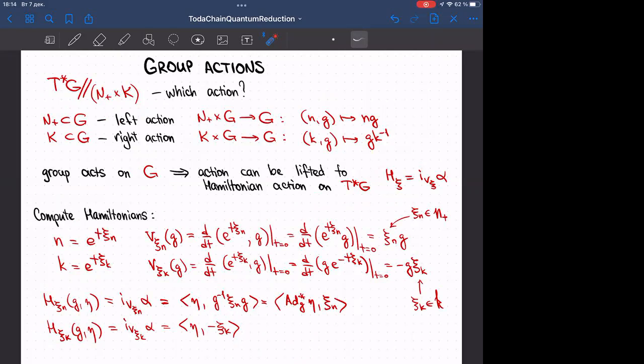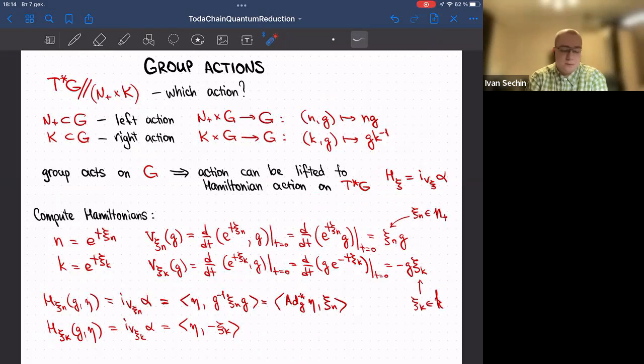Well, and let's describe the action. We have the action of N plus and K. N plus acts by left multiplication and K acts by right multiplication, because both of them are subgroups in G. We can just multiply g by n and by k minus 1.